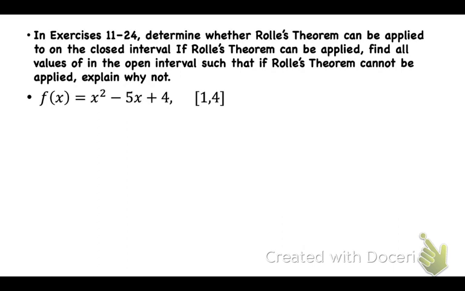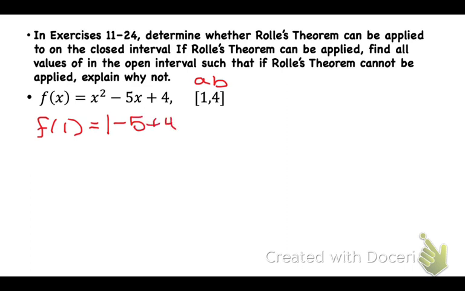Okay, so the first thing I have to do is f of 1. Why do you have to do f of 1? Because that's A, and that's B. So f of 1 would be 1 minus 5 plus 4, which is what? 0.